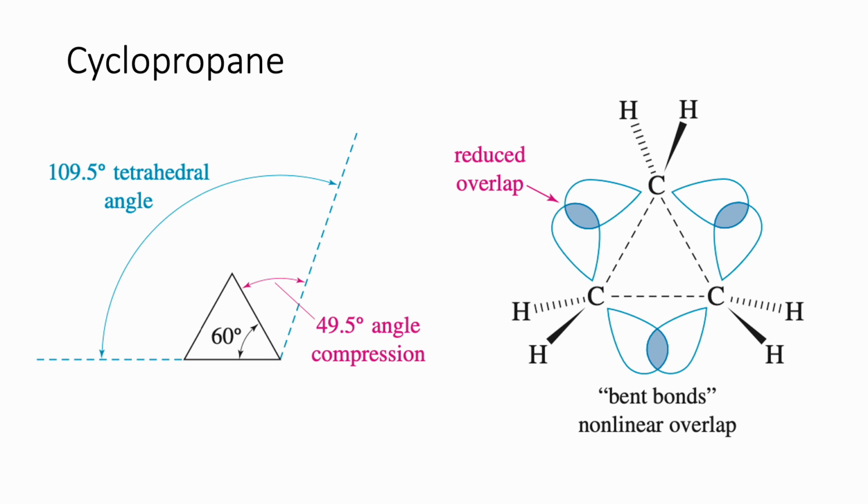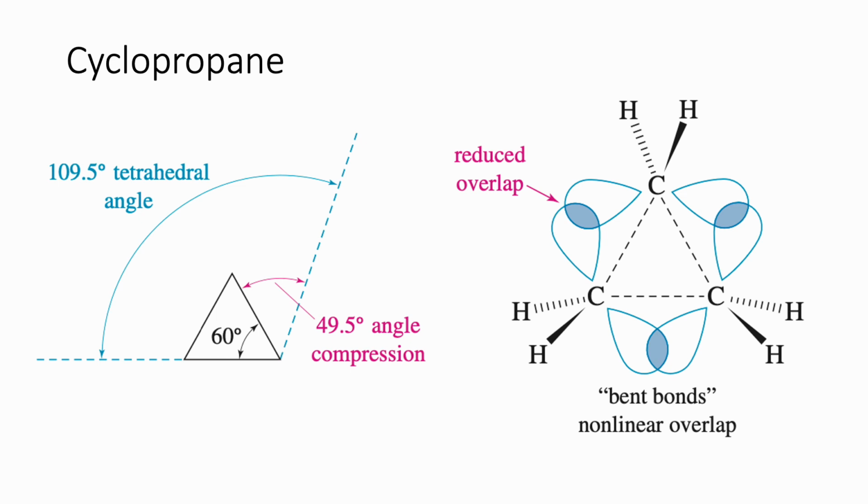When we look at the carbon atoms in any cycloalkane, there's only single bonds, and every carbon atom has 4 bonds. And so every carbon atom is sp3 hybridized in a cycloalkane. And so we know that sp3 hybridized atoms adopt a tetrahedral geometry, and that gives them 109.5 degree bond angles.